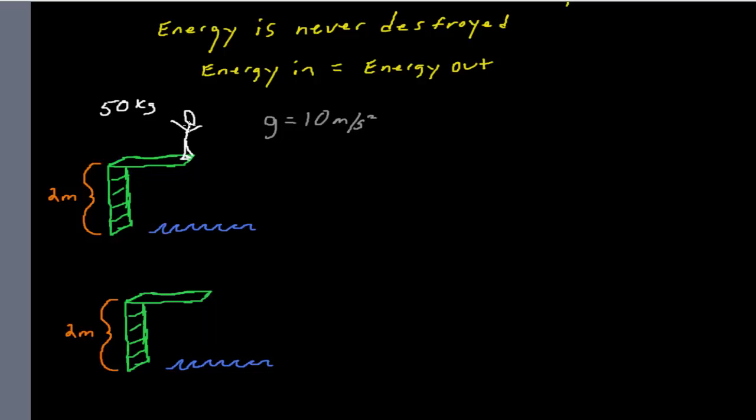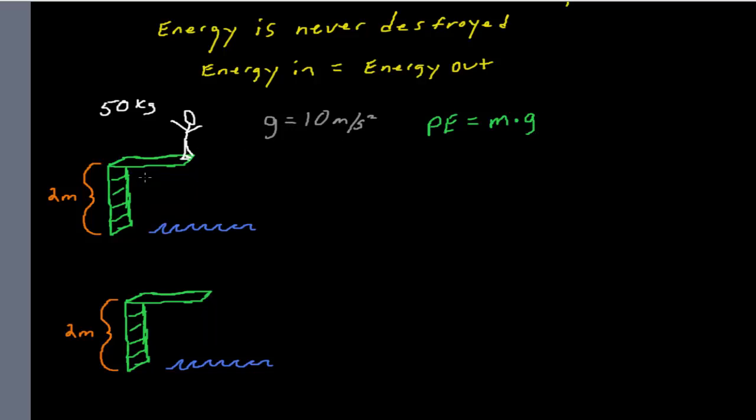So right now, this guy is above the ground. He has a force acting on him. That force is gravity, of course, but he's not falling, so there's no motion involved. He's not doing any work. However, he does have potential energy. And his potential energy, we could find by taking the force applied to him, which is his weight, which is his mass times gravity, right?